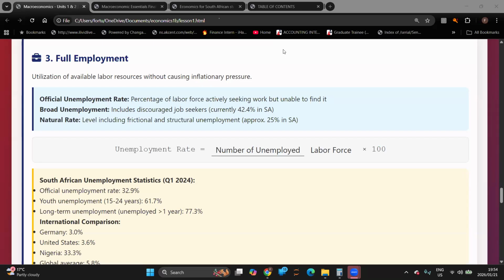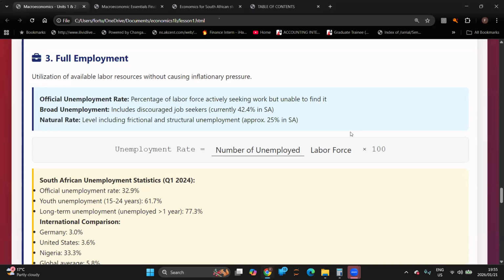So that is a situation that is not good for any economy because it creates a host of problems that I've already mentioned, and it exacerbates some of these issues that South Africa is already fighting against, which is not a good thing.